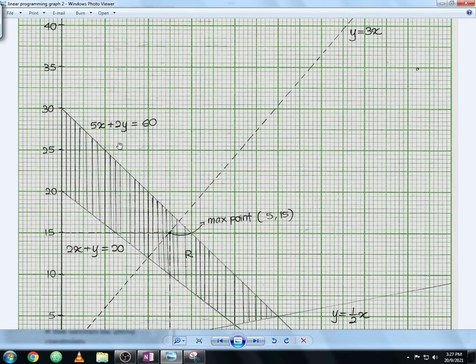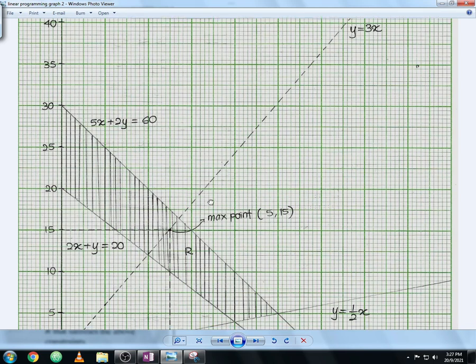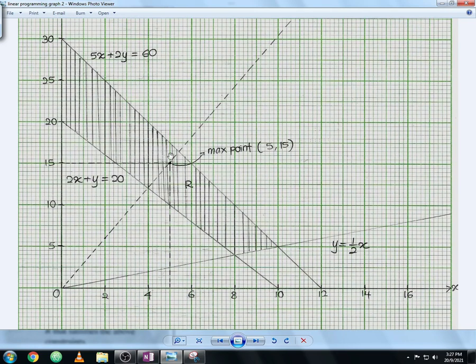This is the graph of the first constraint, where 5x plus 2y is equal to 60. Then the second constraint, 2x plus y is equal to 20. This is your second graph. Your third graph is y equals 1 over 2x. This is how your graph should look.